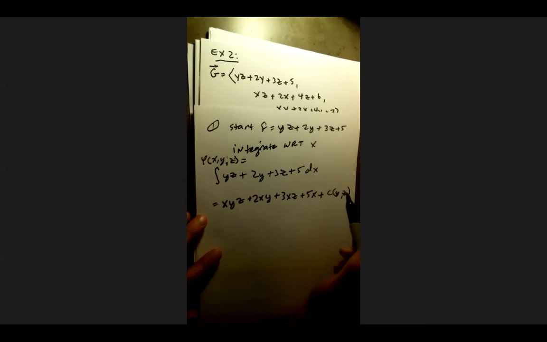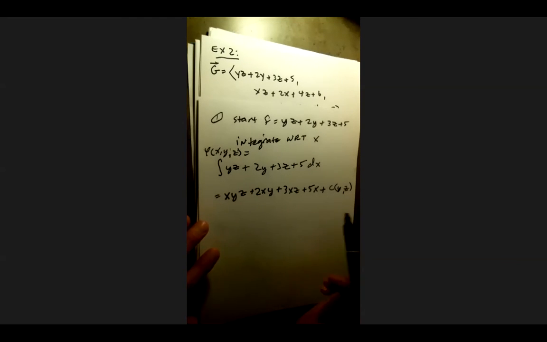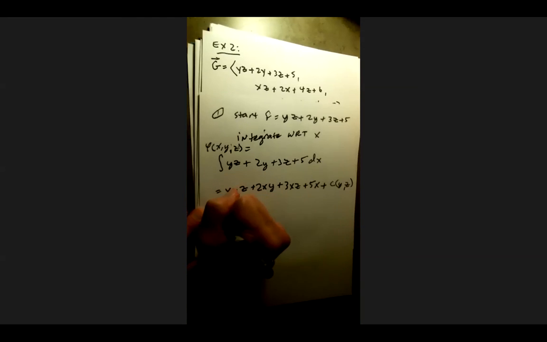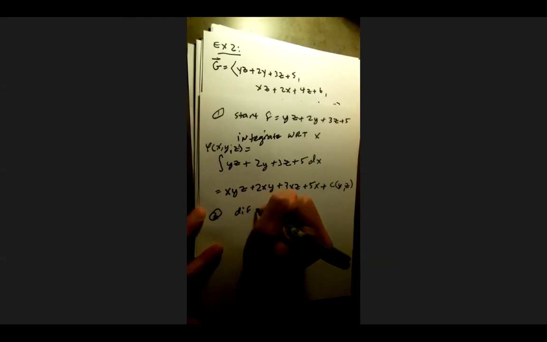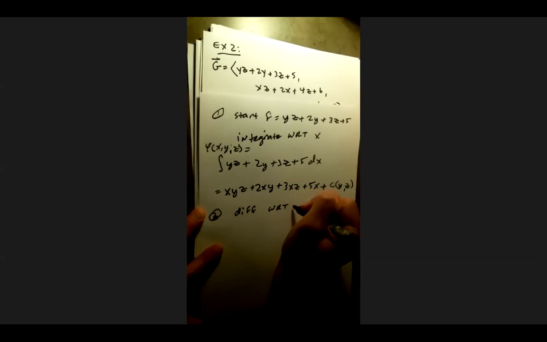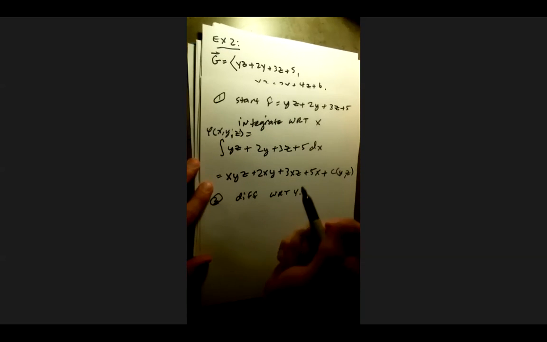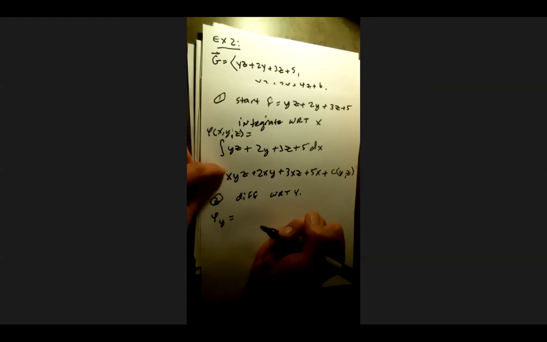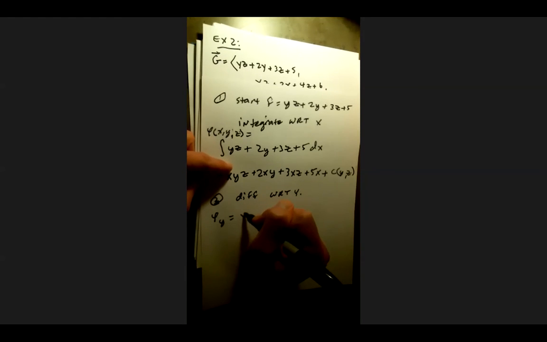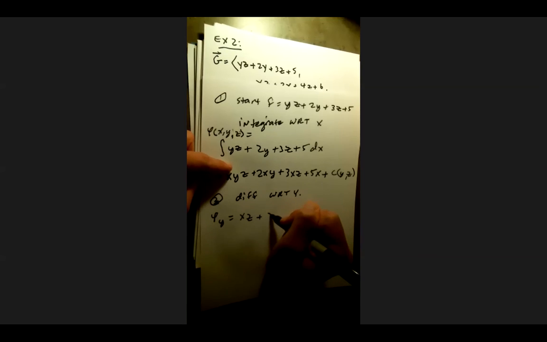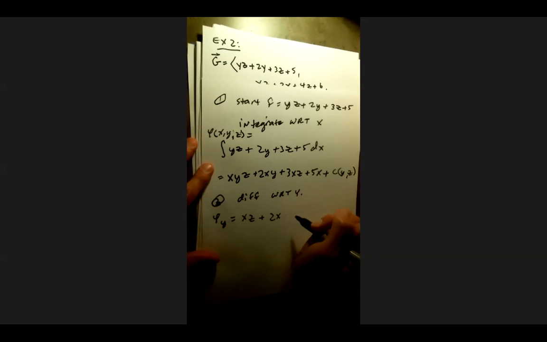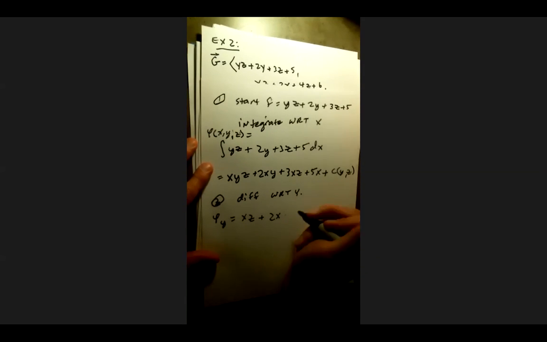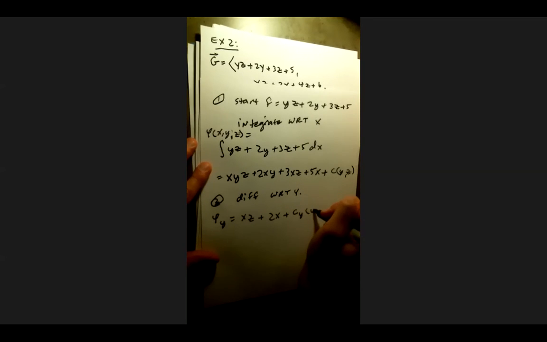All right. So we've got our phi, but it's got this ugly constant function that we've got to figure out. So we integrated. Step 2, we're going to differentiate with respect to y. When we differentiate this with respect to y, we're going to get xz plus 2x plus 0 plus the partial derivative of c with respect to y of yz.